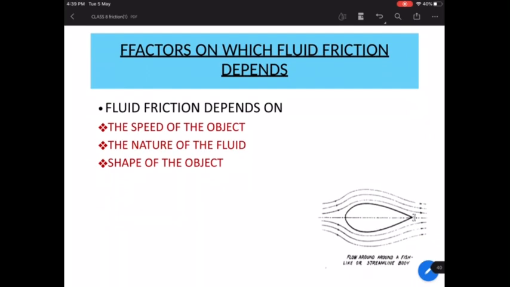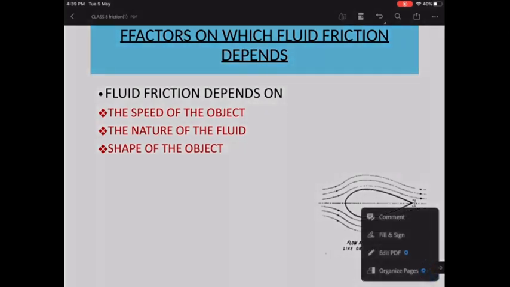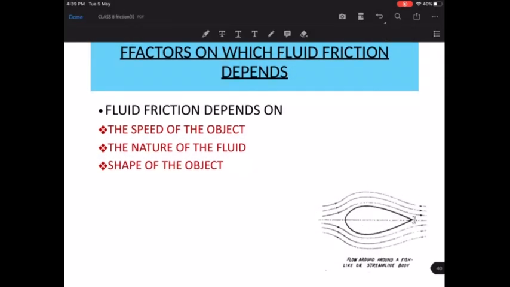These are the factors on which fluid friction depends. If you take care of these factors, your fluid friction will be taken care of. First, the speed of the object. Then the nature of the fluid, the air or any medium in which they are flying.